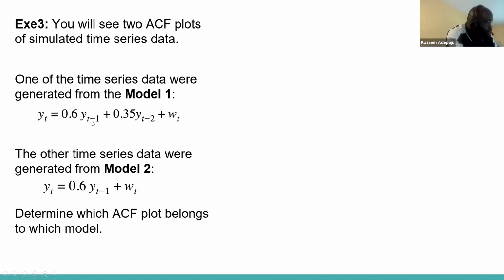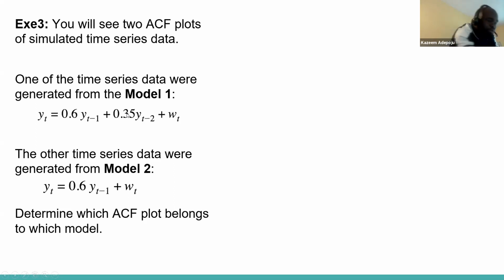This one is an AR of order two, and this one is an AR of order one. The goal here is to obtain the ACF plots of the simulated time series data from these two models.